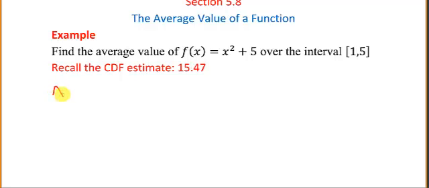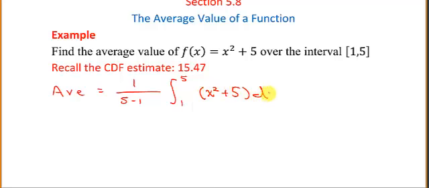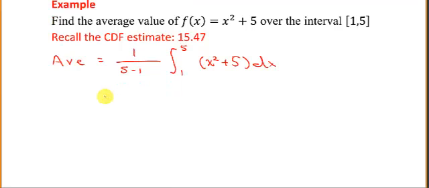So the average now, using that formula, is going to be 1 over the length of the interval, that would be 5 minus 1, times the integral from 1 to 5 of x squared plus 5 dx. And this is going to be 1/4.